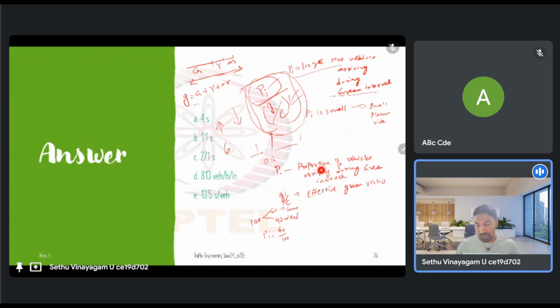Therefore, some portion of this G plus Y plus AR will be lost, unutilized, so that portion has to be reduced. That's where we subtract the startup loss, at the start of the green, and the clearance loss time, which happens towards the end of this period. If you take the difference between this available portion and the lost portion, you get the effective green.